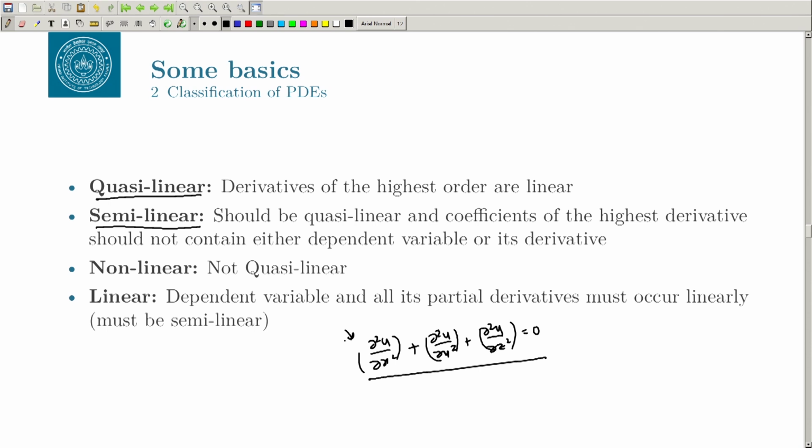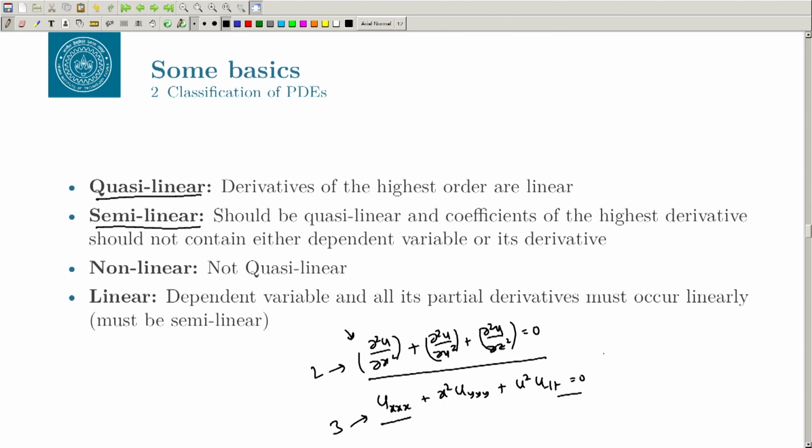You can have other expressions also. Let me write some other expressions. Let us say I have the expression u_xxx plus x square u_yyy plus u square u_tt equal to 0. As you can see, here the order was 2, here the order is 3, and this is also a quasi linear equation.